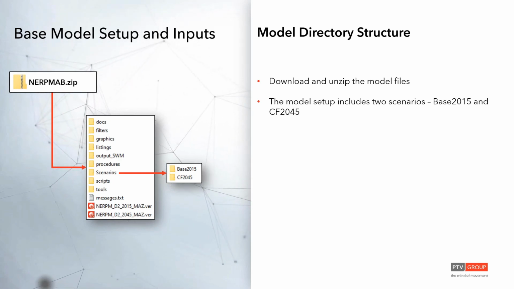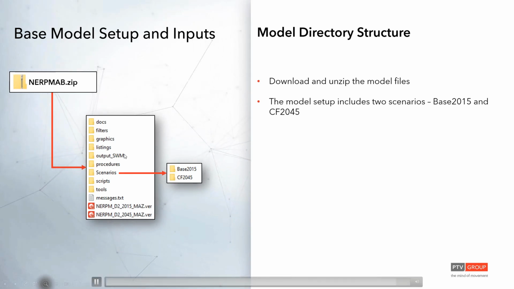Now let's quickly go through the model directory structure. So hopefully you would have gotten a chance to download the model setup now, and you would have gone through this model directory structure. One directory that we did not look at earlier was the scenarios directory.